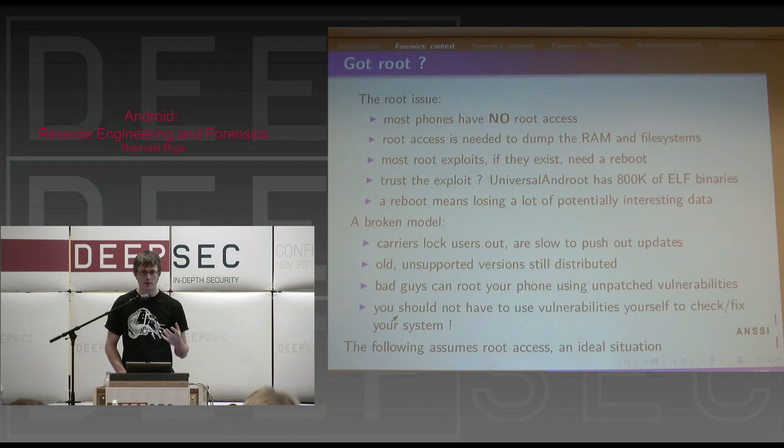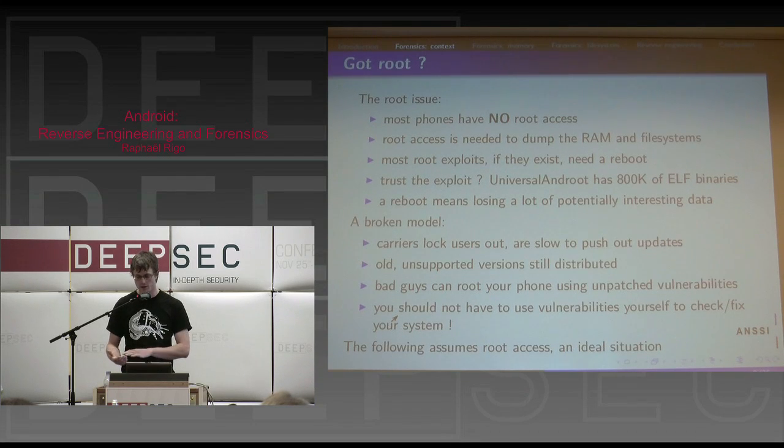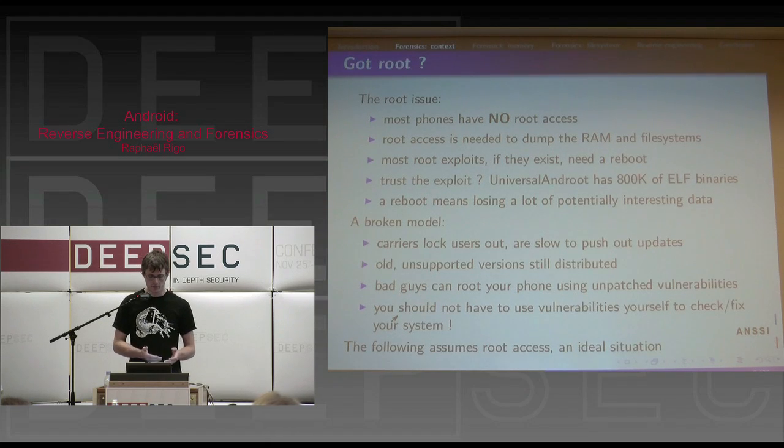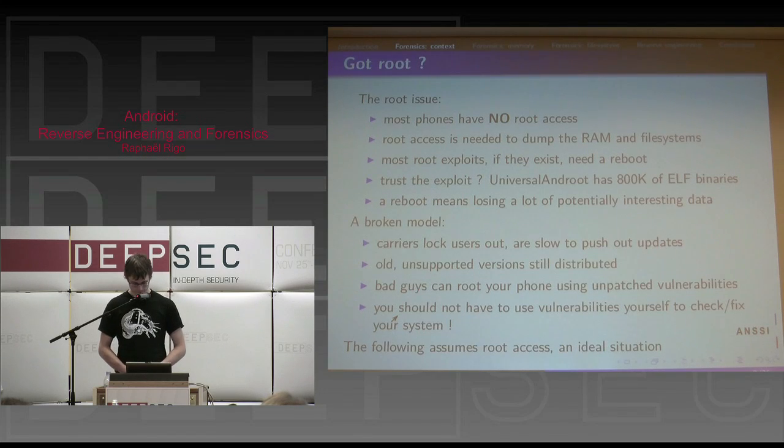They even still publish 1.6 versions, which are not supported by Google in any way, which means you have no security support. So basically, bad guys can root your phones using unpatched vulnerabilities, and if you want to fix your phone, you have to use those vulnerabilities yourself to be able to patch your phone.